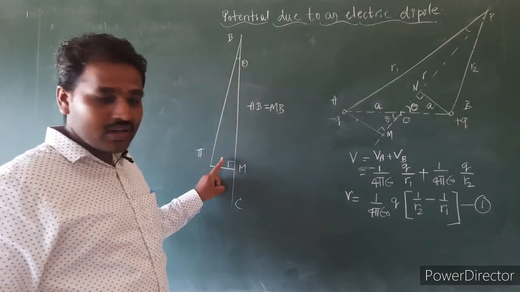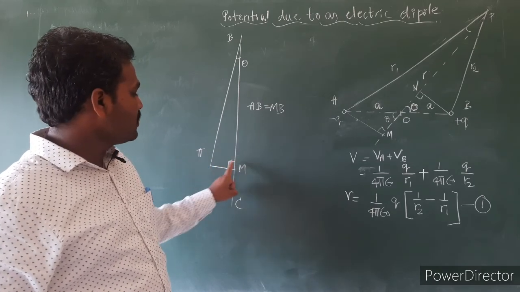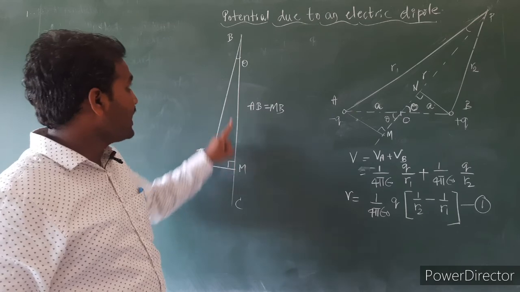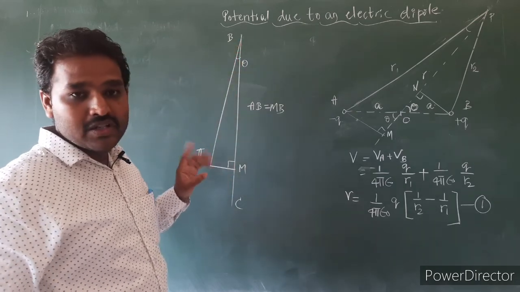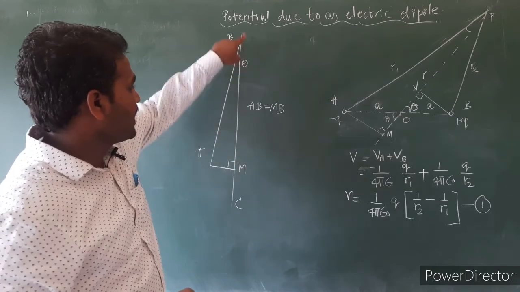So the condition is that there should be a 90 degree angle between AM and BM. In that case I can write AB is equal to MB.